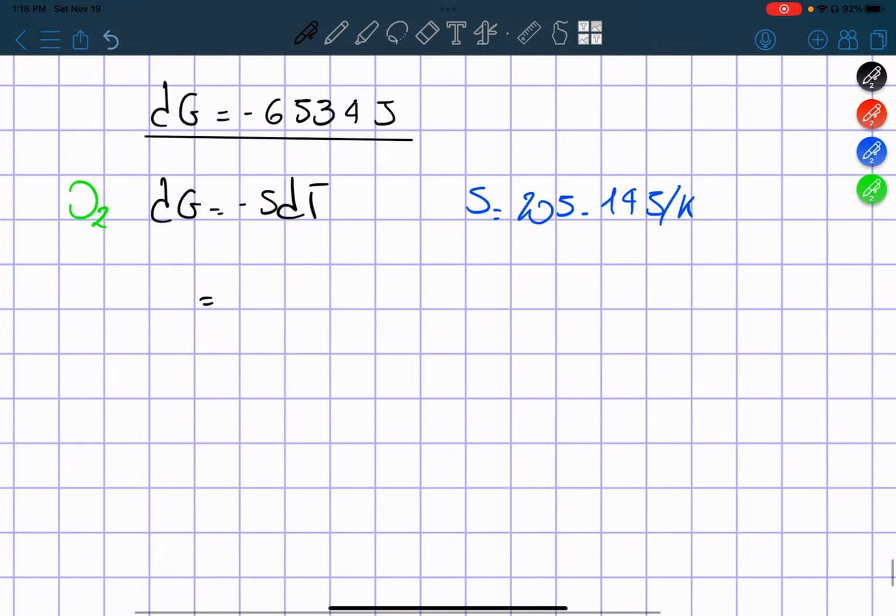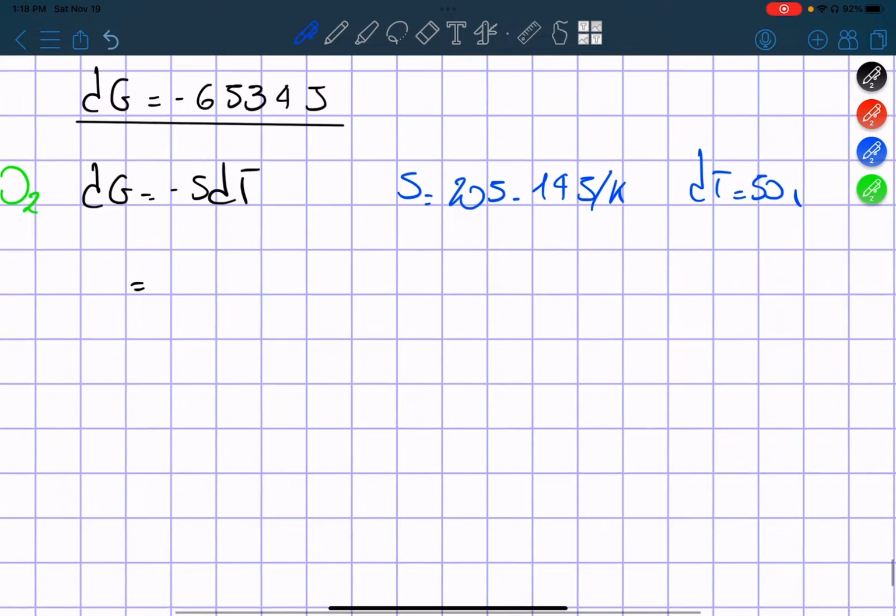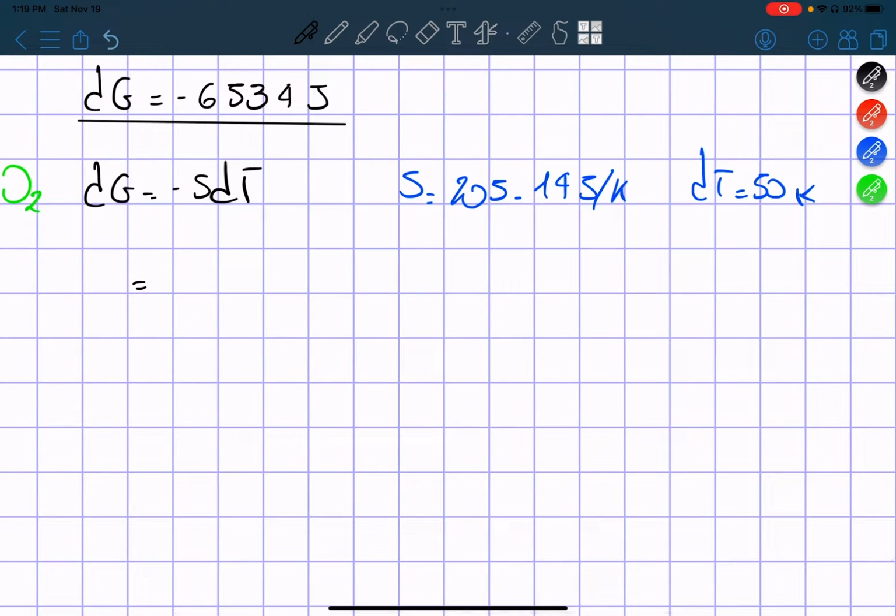Our change in temperature, or dT, is still 50 Kelvin. And then we get negative 205.14 times 50. The final unit is joules, so we can plug it into a calculator. 205.14 times 50 is equal to 10,257 joules. Of course, negative again.